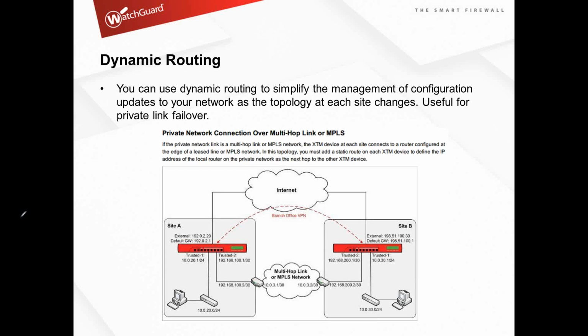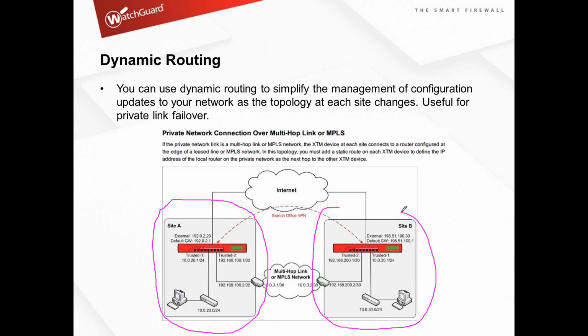Here in the picture, let me just bring up a drawing tool real quick, we have site A, and you can see the configuration for that, and then site B. In your case, this might be corporate versus a branch office, or it might simply be 2 branch offices. Maybe corporate's not in there. Traditionally, you would have all traffic going out your MPLS network. Again, there are some options available with that, depending on who your provider is.